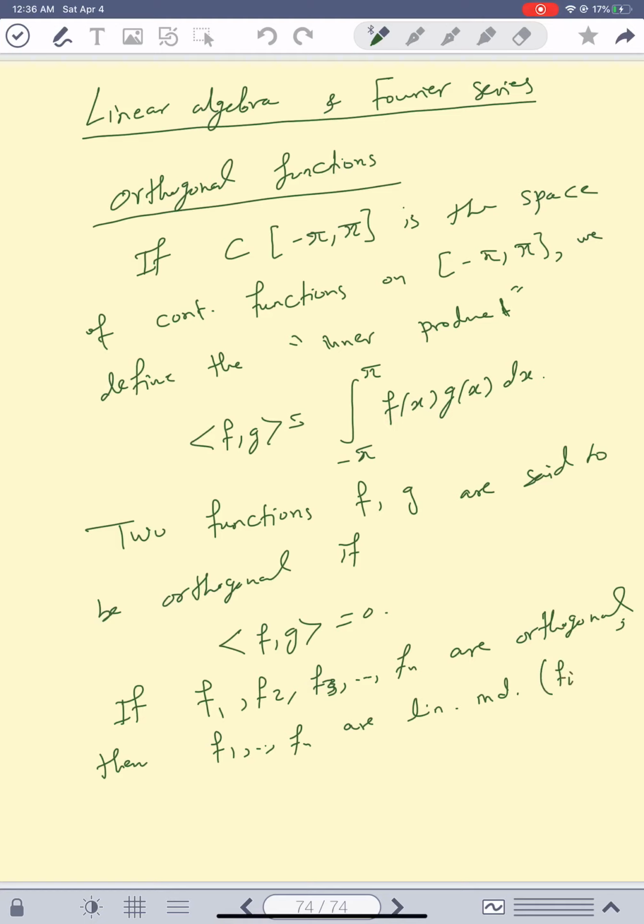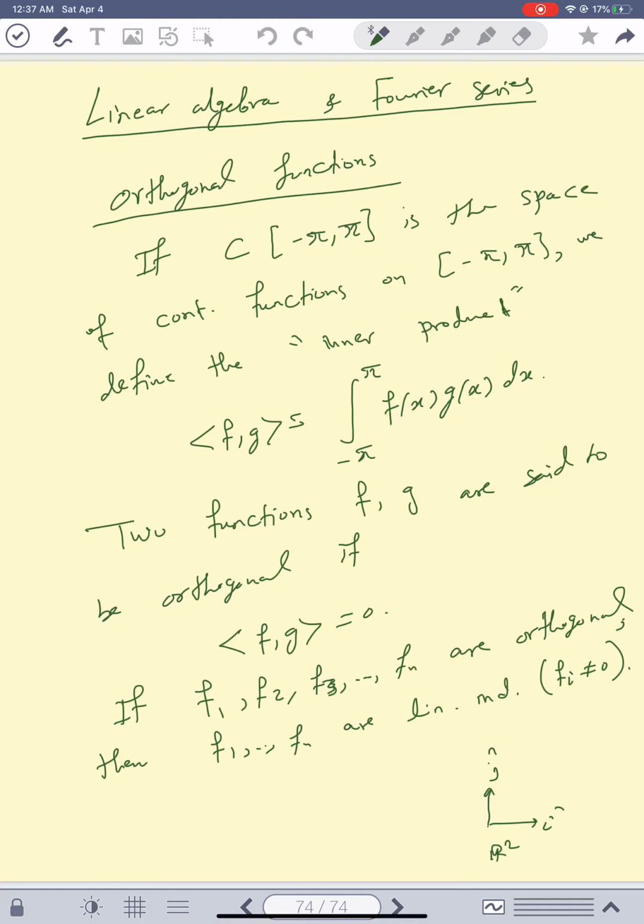Of course, none of the fi is 0. We shouldn't have any 0 function among them. So again, this is one of the basic results in inner product spaces. The way you can look at this, just look at i, j in R2. So if you look at the unit vector in the direction of the x-axis and the unit vector in the direction of the y-axis, these two vectors are orthogonal and they are independent.